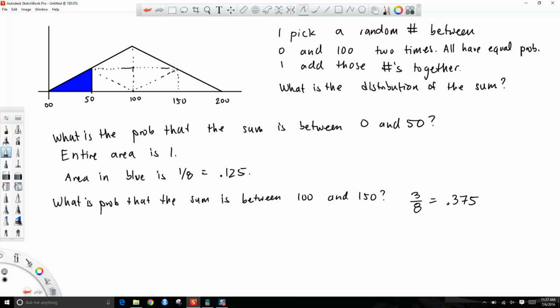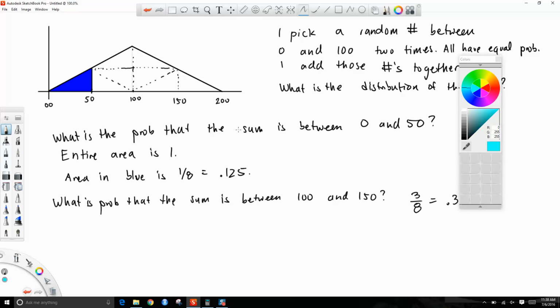So it's just the idea of how much of the total area is shaded in this region here. Maybe I'll do a light blue here.